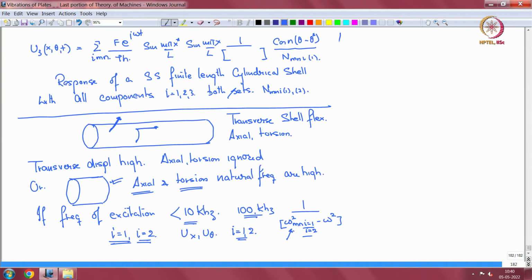So dominantly u3 is composed of terms with I equal to 3.